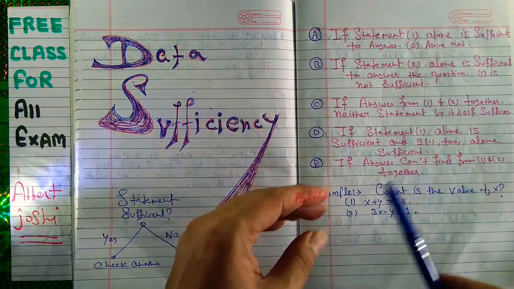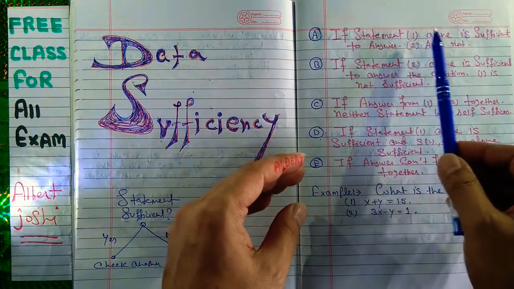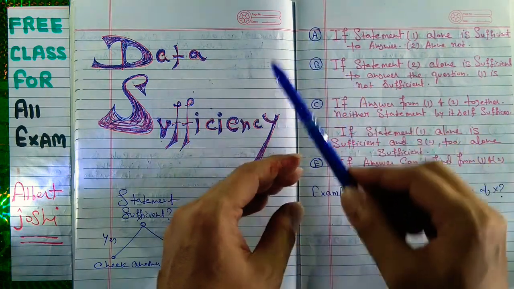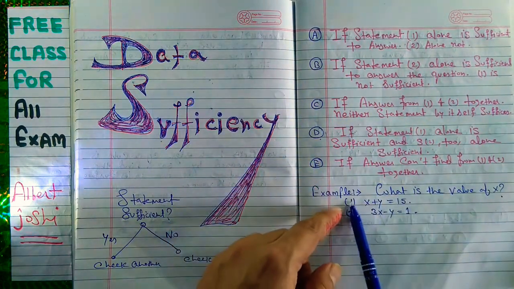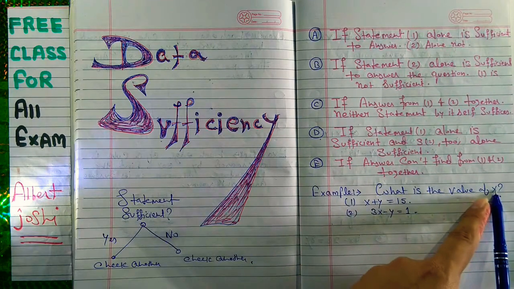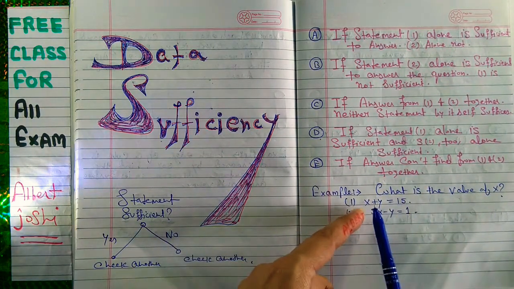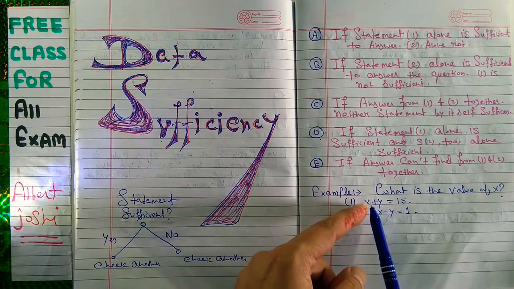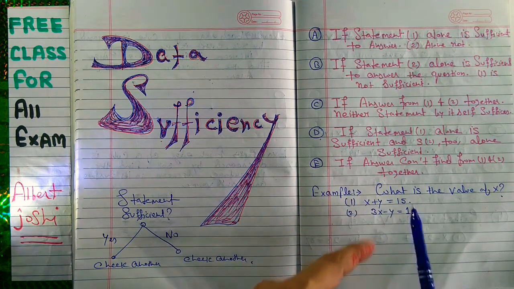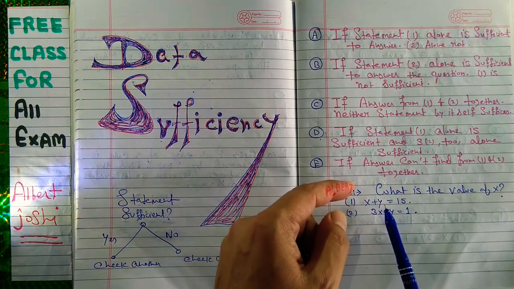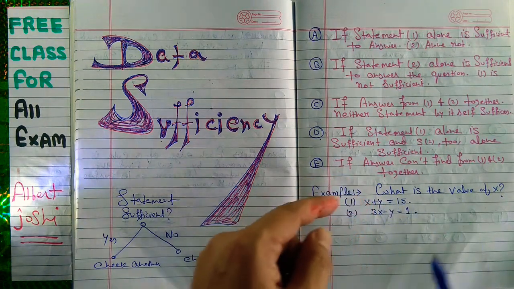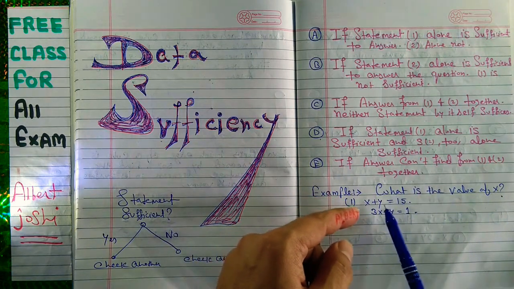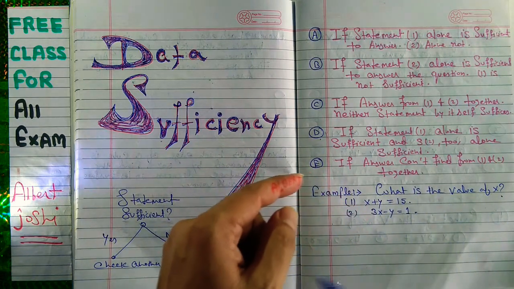If statement 1 alone is sufficient, then you tick this, meaning only with this you can find x. That is impossible, because in statement 1 he has given x plus y is equal to 15, and here is another variable, y.